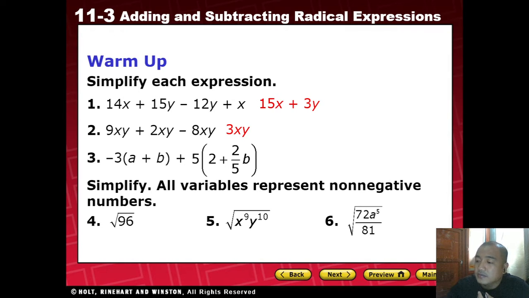The answer for number 3 is negative 3a minus b plus 10. Okay.